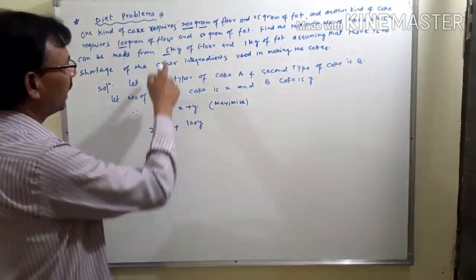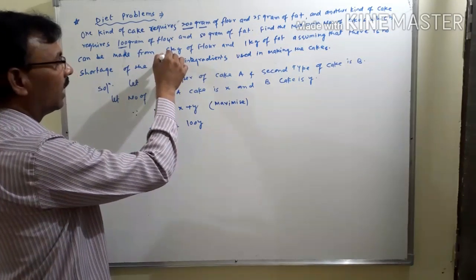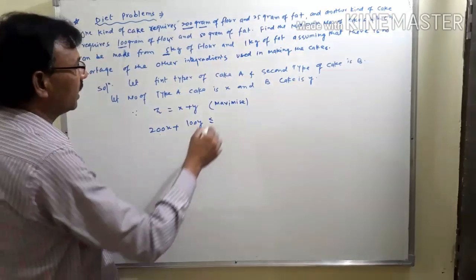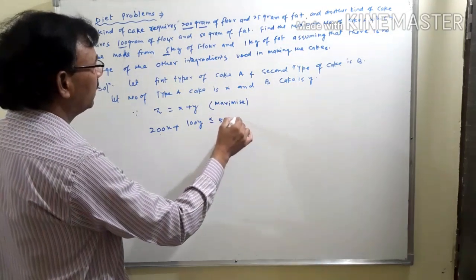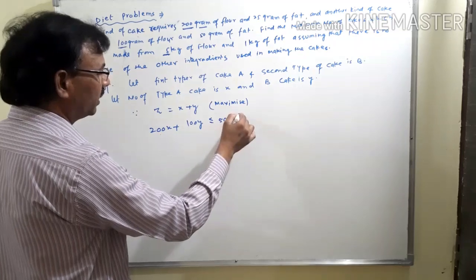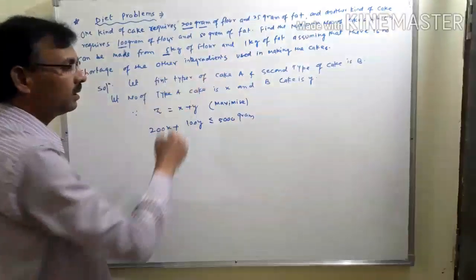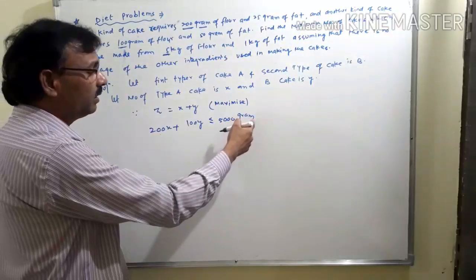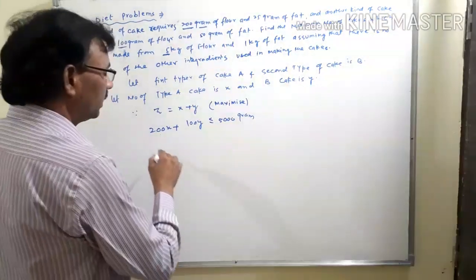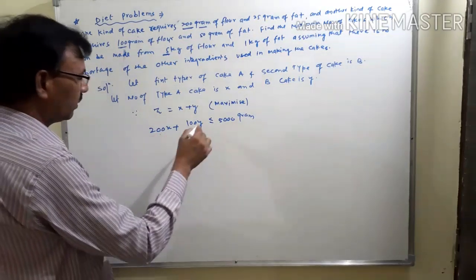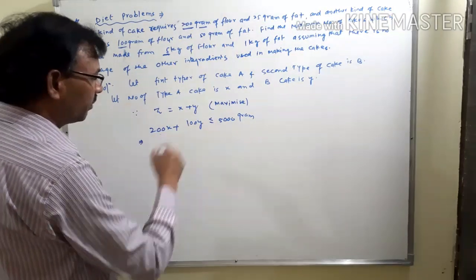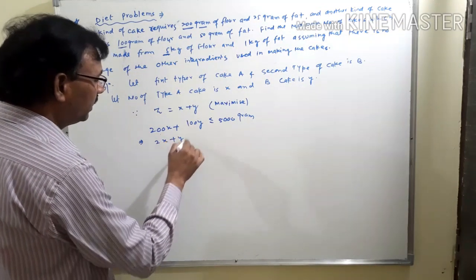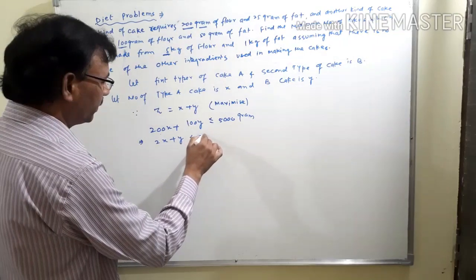This is in gram and this is 5 kg, and if we change this into gram, then this will be less than or equal to 5000 gram. Since 1 kg equals 1000 gram, so 5 kg equals 5000 gram. This is the first inequality. Or if we simplify it, then this will be 2x plus y is less than or equal to 50. This is the first constraint.